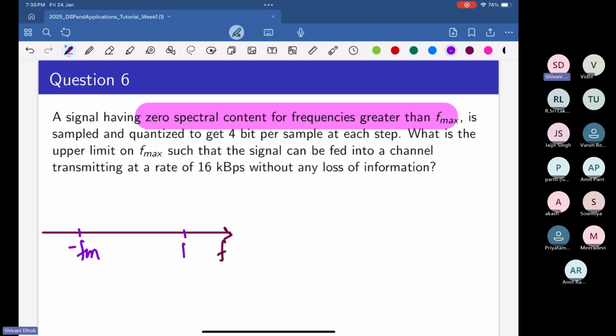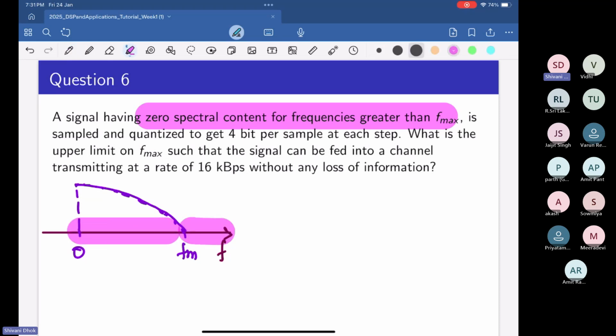It has some Fourier transform like this. This is not exact. It's non-zero only in this region. It is zero after f max.